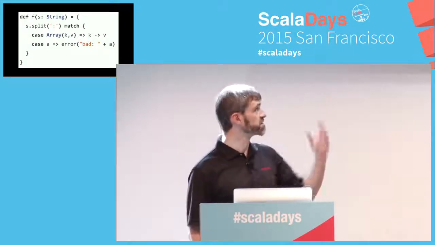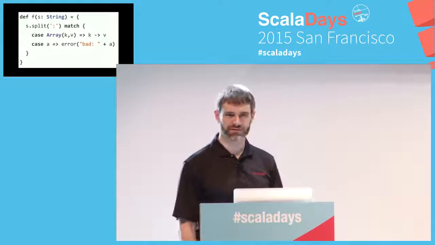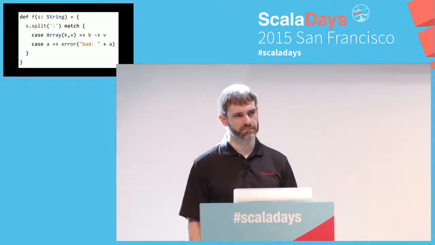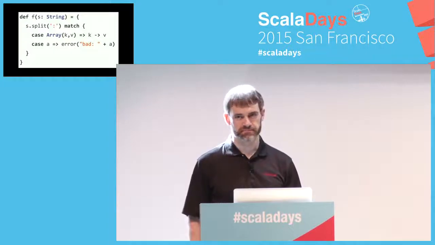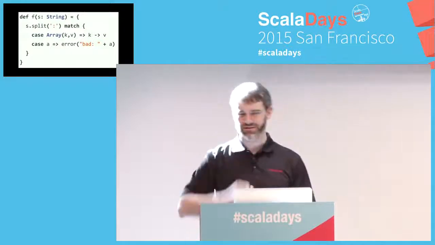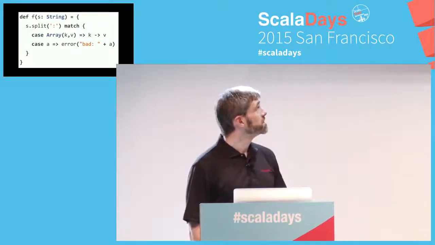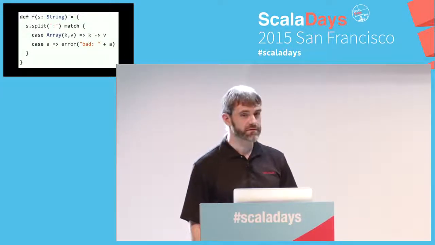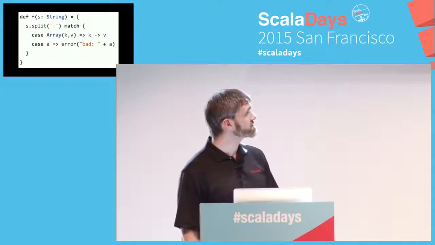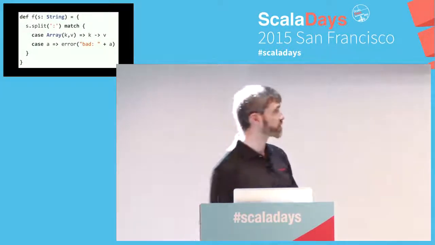I've got another piece of code here that doesn't do exactly what you wish it would. Do you have any suggestions on what that might be? No, for a change, I'm not talking about inference. Not quite, no. This one's more subtle. So when you call split on a string, you get back an array.